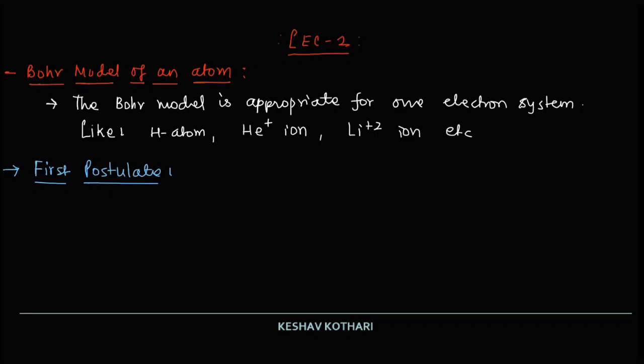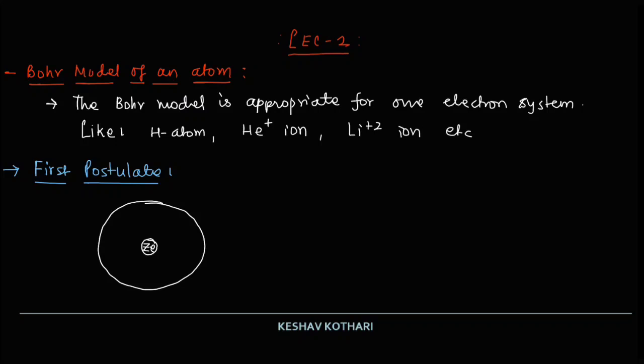What I mean is that if we are considering an atom with atomic number Z, the charge inside the nucleus is plus Ze, and the electron is orbiting around it in a circular path like this.